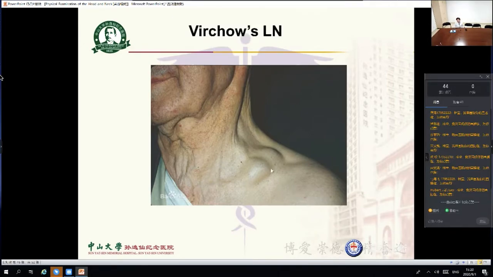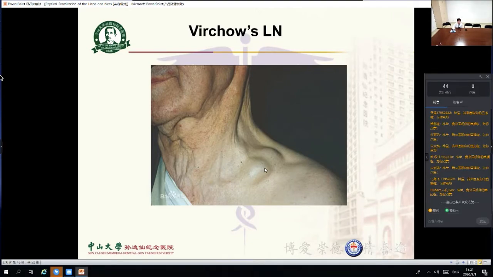And very recently, I had a patient in whom we were able to identify the Virchow lymph node, and she suffered from biliary tract cancer. So this is not a definite, specific metastatic site for a special disease. If you identify the Virchow lymph node, the suspected primary site of the tumor could be different.